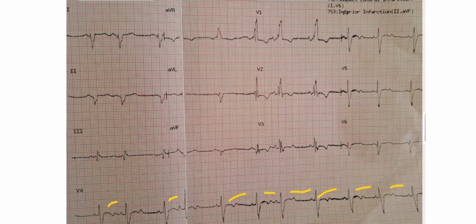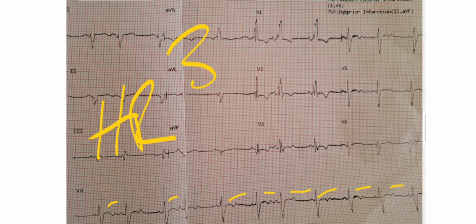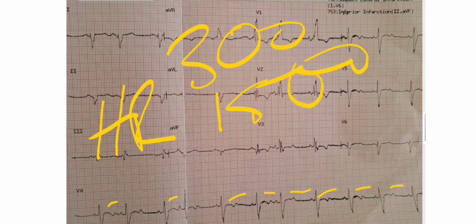Now if it's irregular, there are 2 methods we can use to calculate the heart rate. If you have been watching this series, you'll know what I'm talking about. We can't use the 300 big box method. We can't use the 1500 small box method, because you only use those 2 when the rhythm is regular.